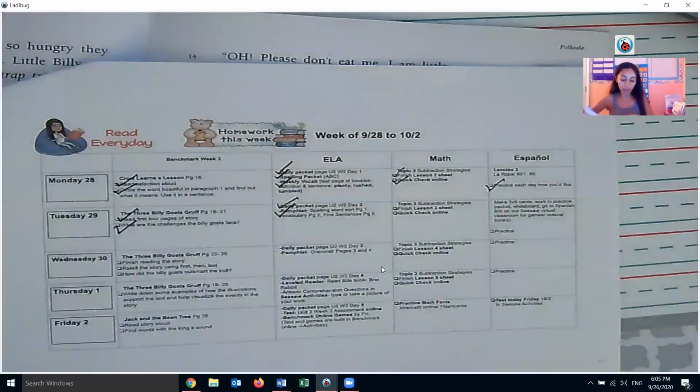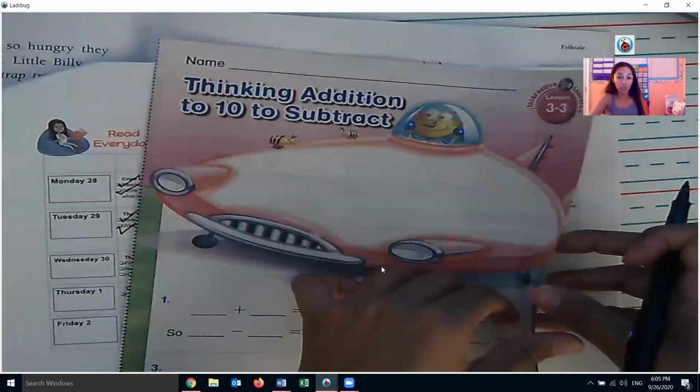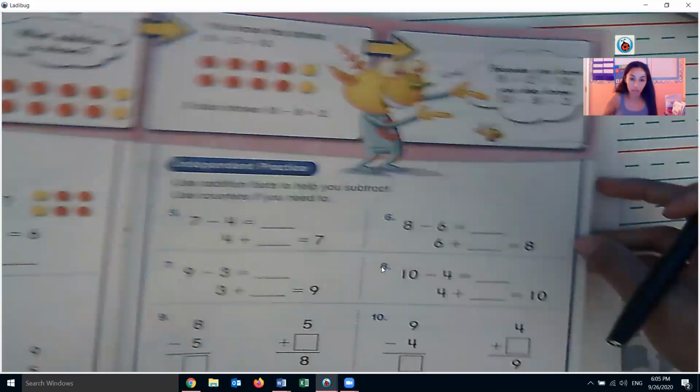We are at topic 3, lesson 3, which is thinking addition to 10 to subtract. So I'm going to go here.